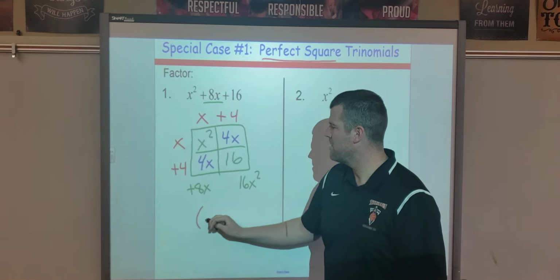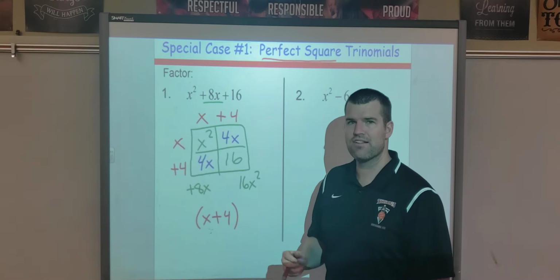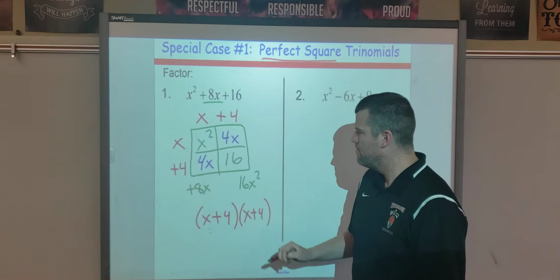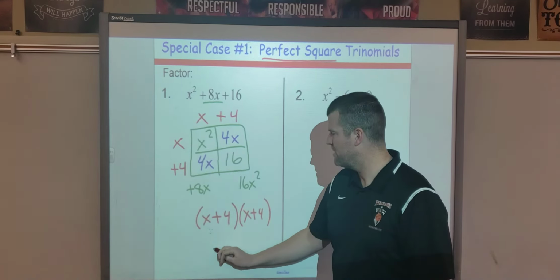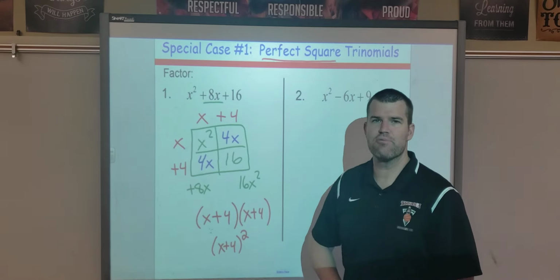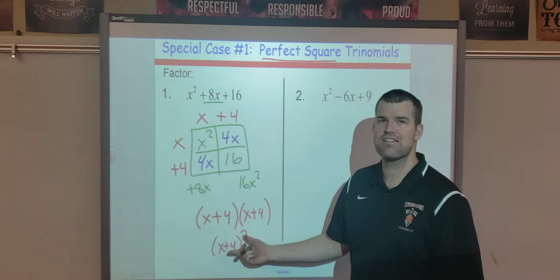So when we write our factors out, we don't have to write x plus 4 times x plus 4, although we could. But we could also simplify it and just put x plus 4 squared, because we know x plus 4 squared means x plus 4 times itself.